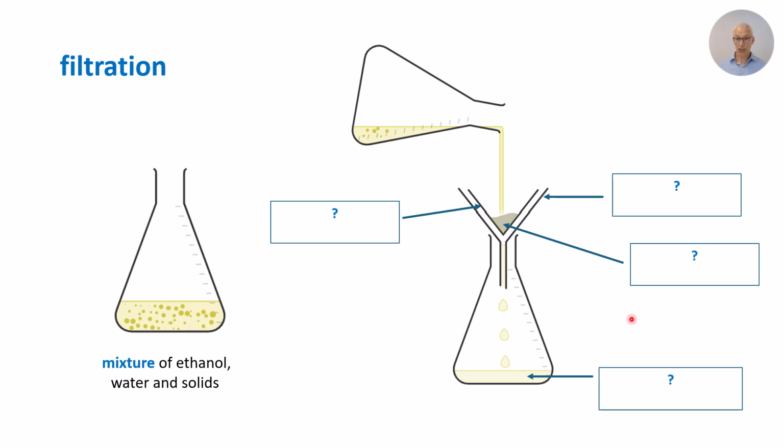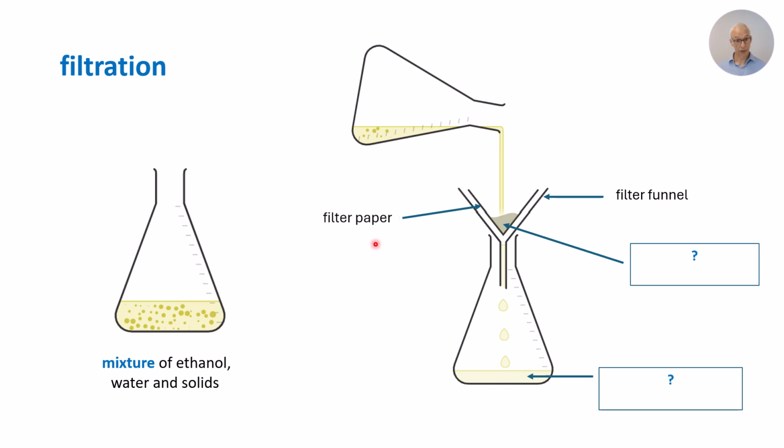Common questions in paper 6 is to name the various pieces of apparatus or glassware involved in this process. So can you name this piece of apparatus I am highlighting here? That is a filter funnel, and inside the filter funnel we have what? Filter paper.